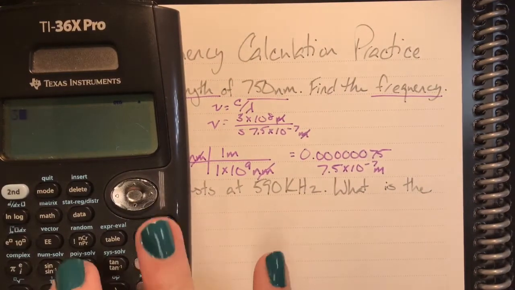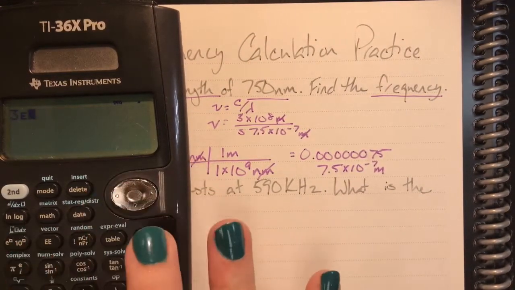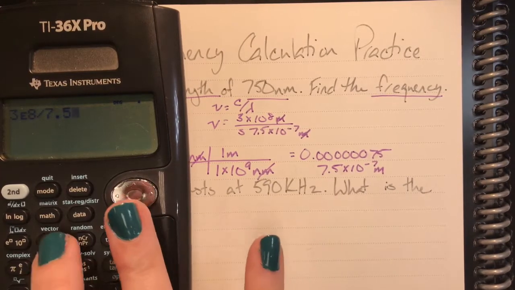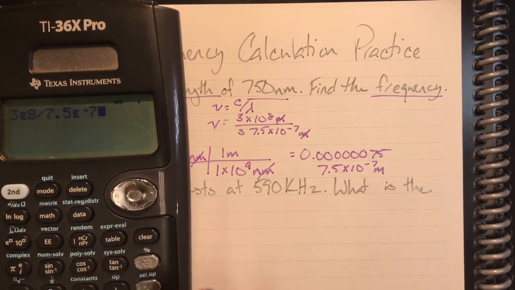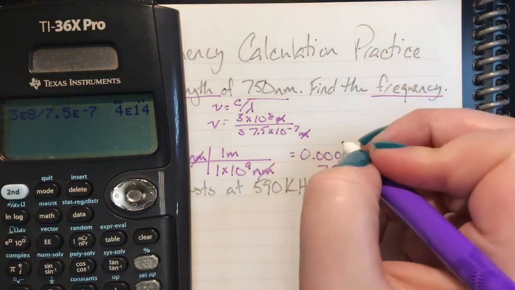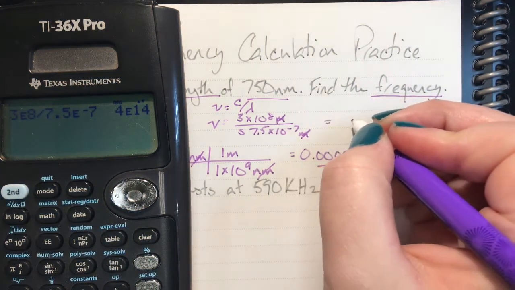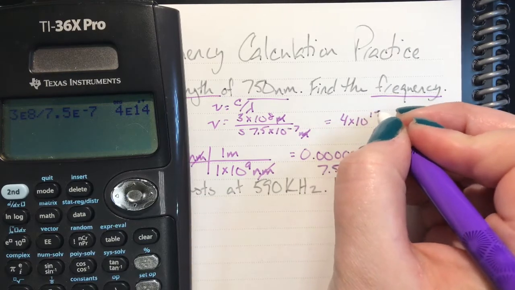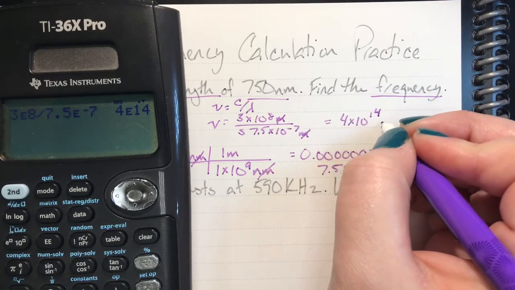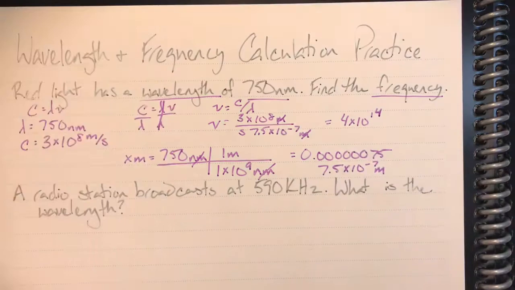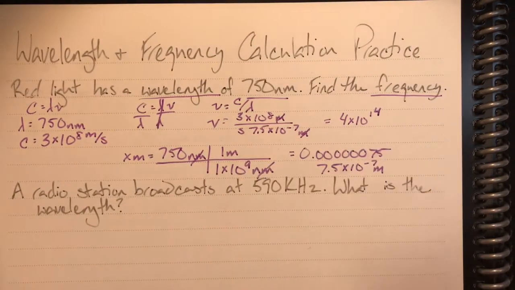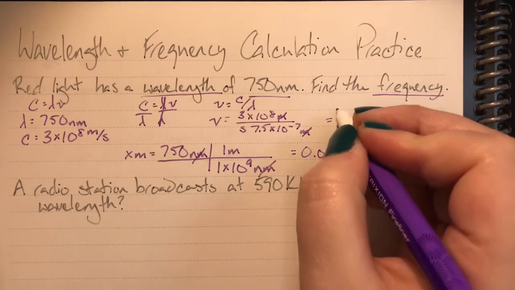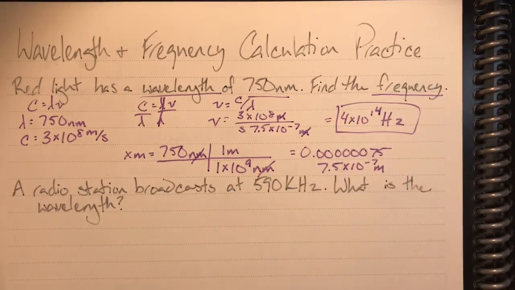So 3E8 divided by 7.5E negative 7 gives me the frequency of 4 times 10 to the 14th. And then my unit, the only one left in my math, is 1 over seconds, or hertz. And that would be my answer.